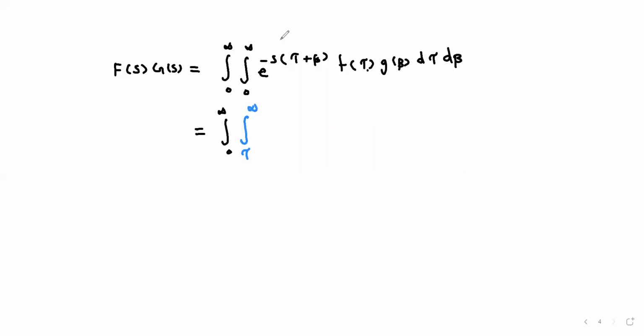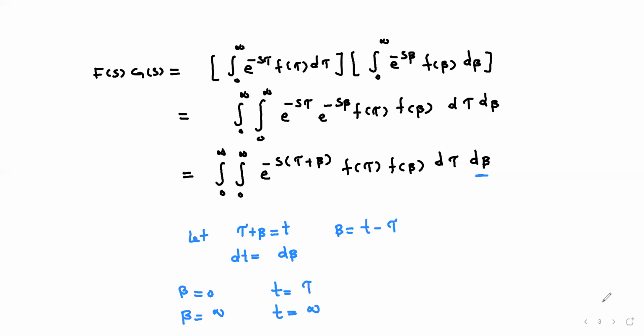Tau to infinity. Then we have e raised to power minus s times (tau plus beta), and tau plus beta is equal to t. So we have e raised to power minus s of t. I put here t. Then I have f of tau, g of, and I have to change this beta with beta is equal to t minus tau.